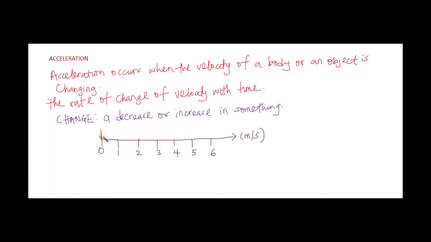The person now gets himself to this point, and if you look at the axis, that means there's a change in the velocity. I can use this unit to represent speed.